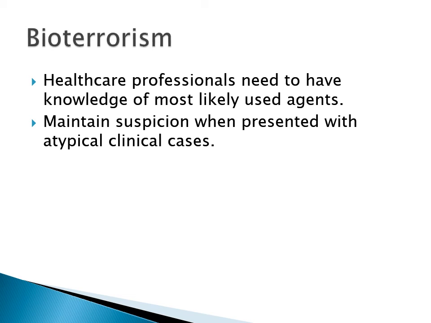In taking a look at bioterrorism, with several attacks that have occurred in recent history, there were two main lessons that were learned. The first is the necessity of having some knowledge of the agents most likely to be used in bioterrorism events and maintaining a high index of suspicion when confronted by atypical clinical cases.